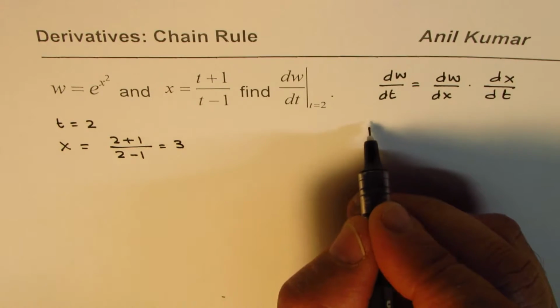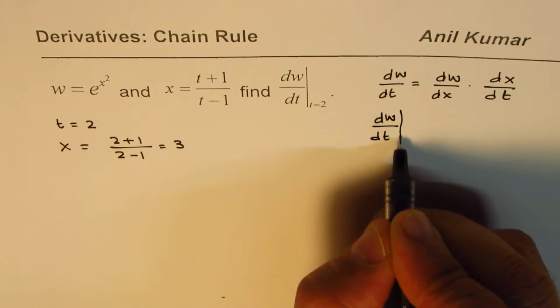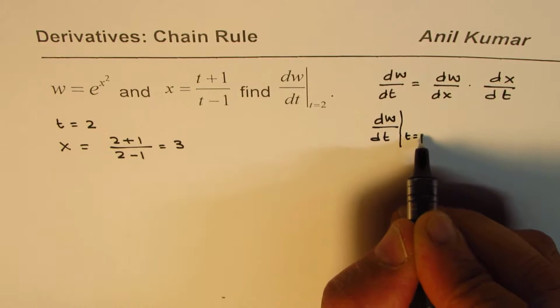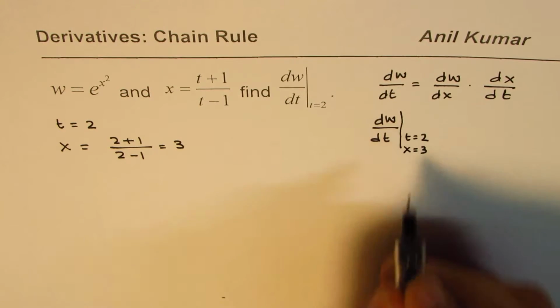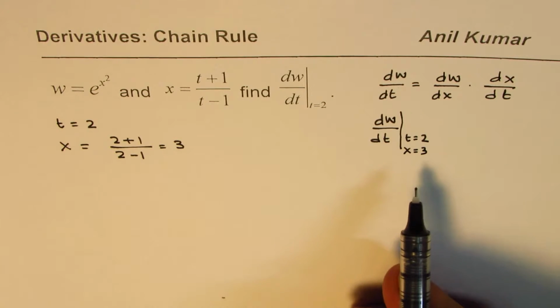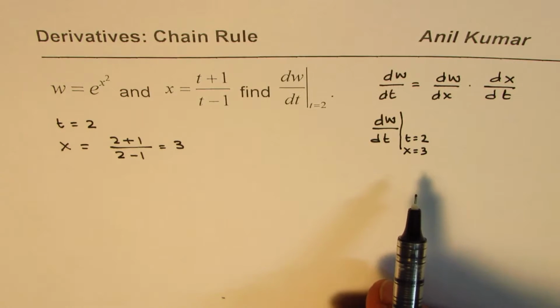So basically, we'll be calculating dw/dt for t equals 2 and x equals 3. I hope that gives you a background of what we are going to do.